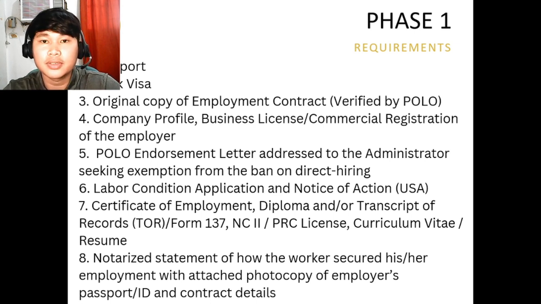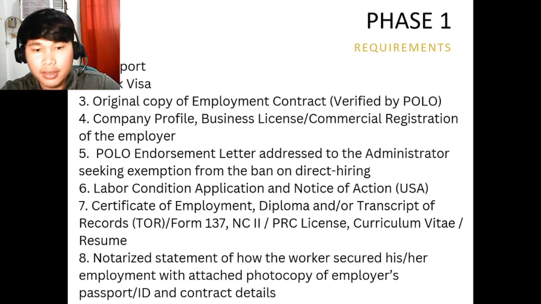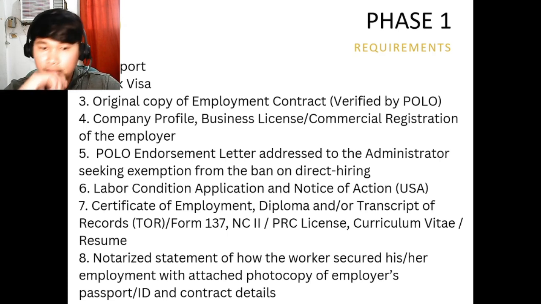It must be under an agency because there might be a lot of issues, and direct hire is actually banned. But if you are POLO verified, that means your employer went through the needed process in order for you to be hired.